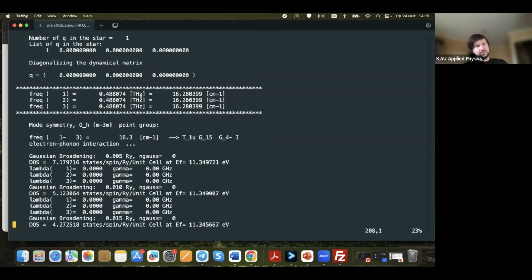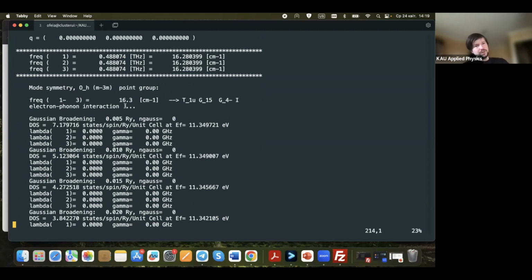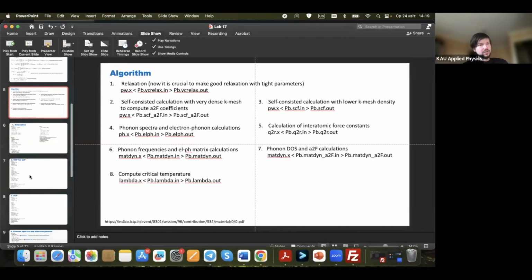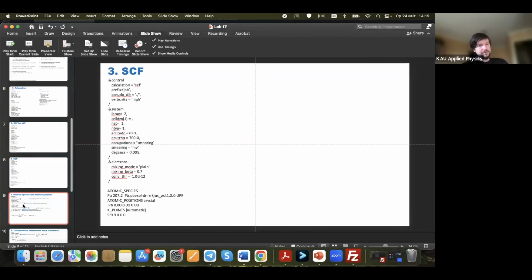So in 4 iterations, it was calculated with the 3 modes for the gamma point. You see the frequencies of these phonons at the gamma point, and then we have something new. Then we have this block with electron-phonon interactions. It takes that file which we copied from SCF, A to F save, and then it makes this broadening. You see it takes broadening 0.005 Rydberg. This is what we mentioned here.